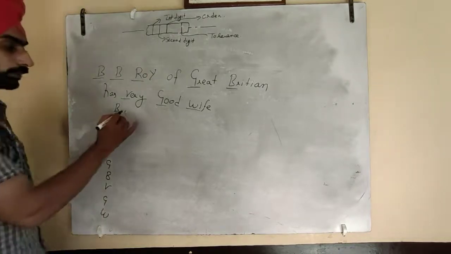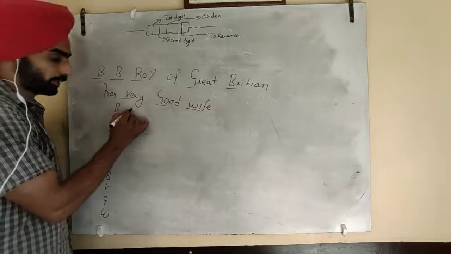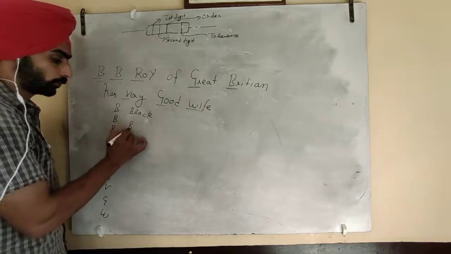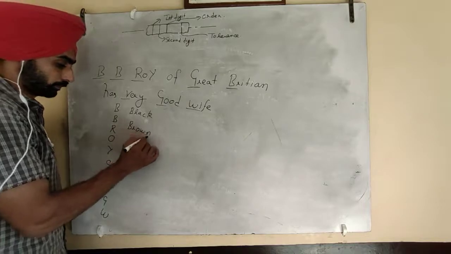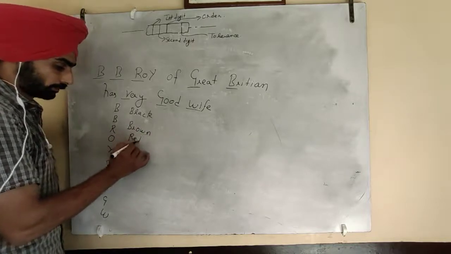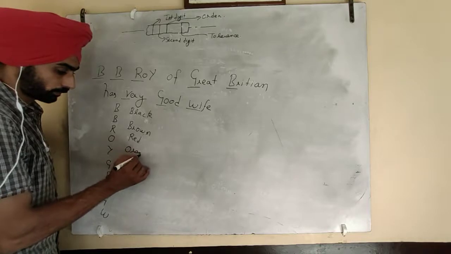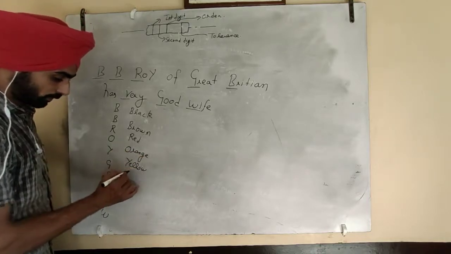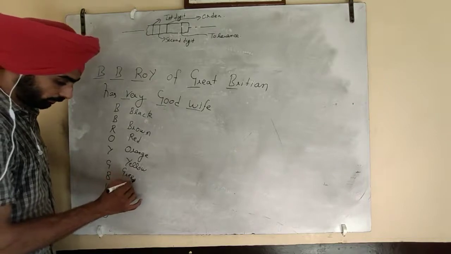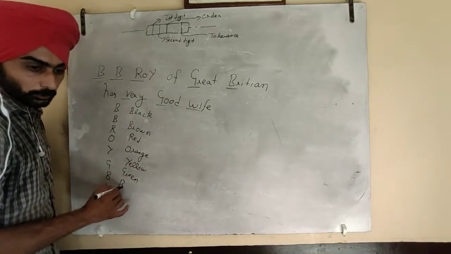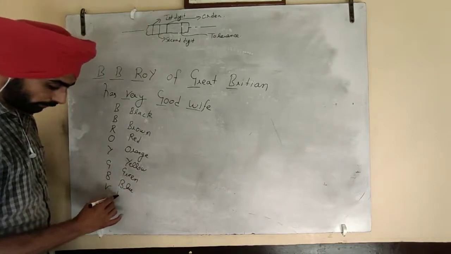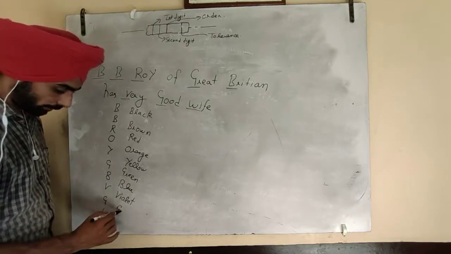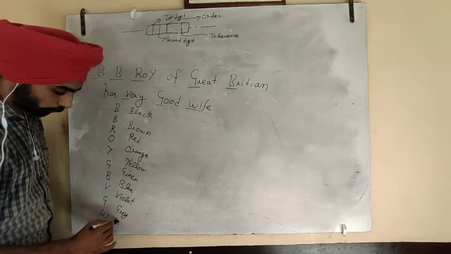Okay, B for black, then B for brown, R for red, O for orange, Y for yellow, G for green, B for blue, V for violet, G for grey, and W for white.